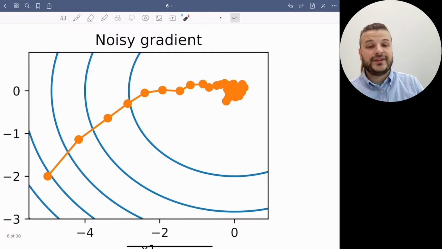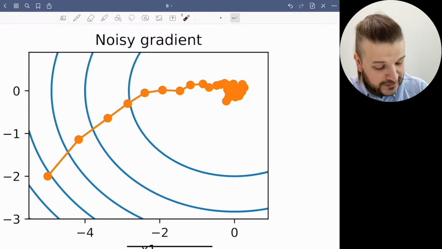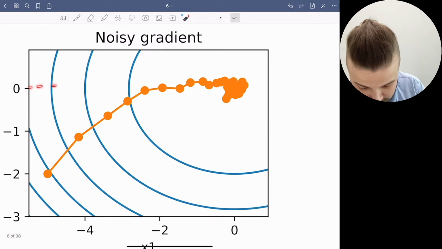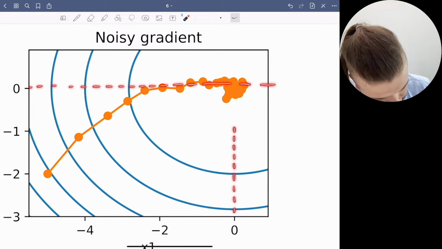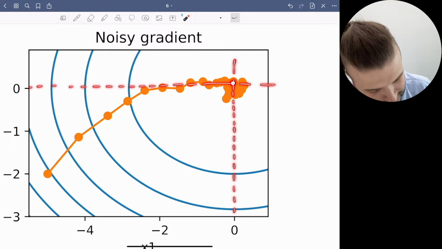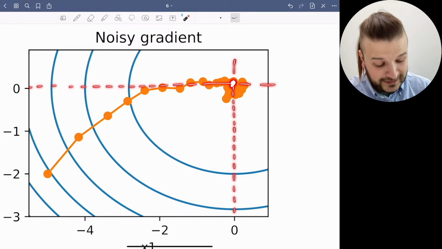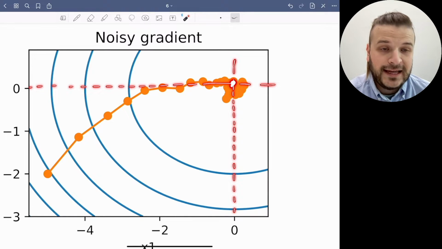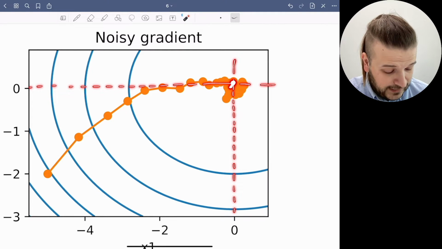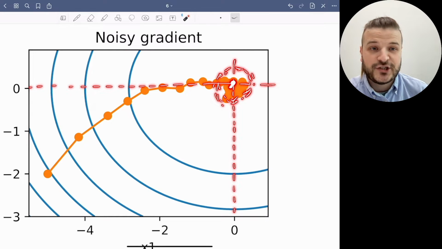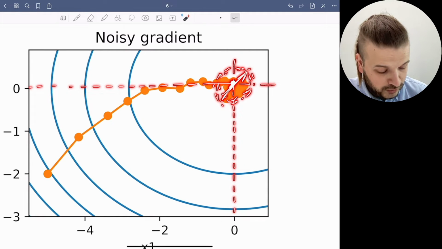And we'll receive this type of convergence. Again, the minimum here will be at 0, 0, somewhere here. And in fact, if you increase the number of iterations, you will not receive convergence. You will receive some oscillations in such a stochasticity ball, right?